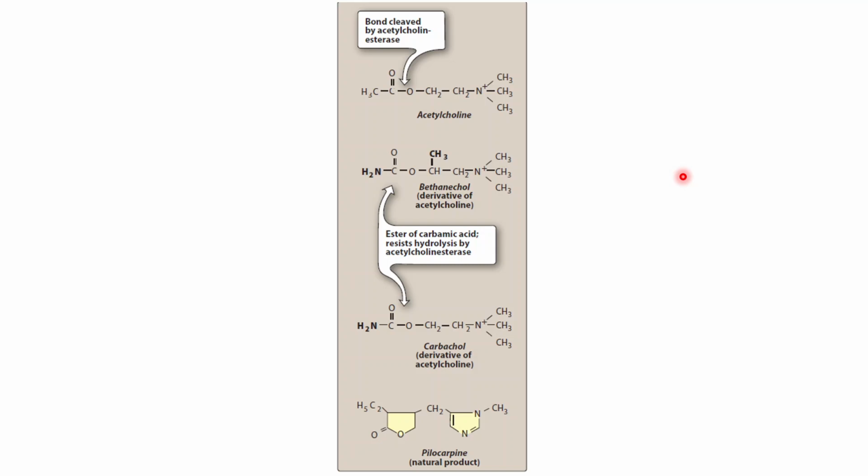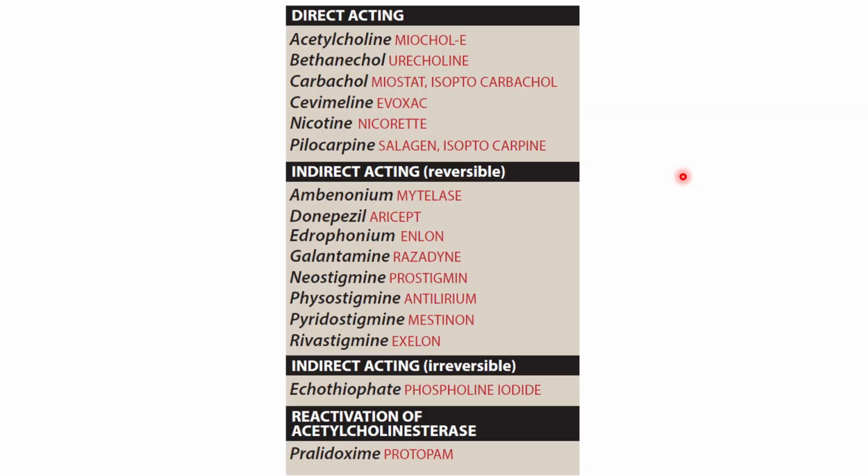Cholinergic agonists mimic the effects of acetylcholine by binding directly to the cholinergic receptors, nicotinic or muscarinic. So these direct acting agonists are divided into two groups. The first group is choline esters, which include acetylcholine, carbachol and bethanechol.